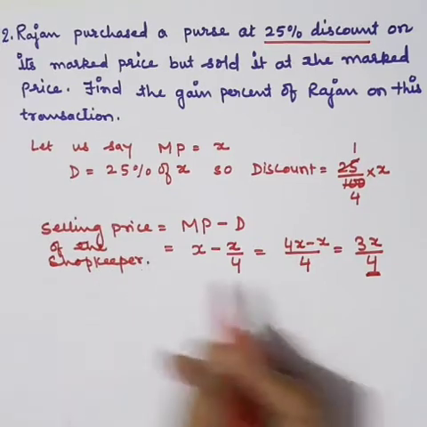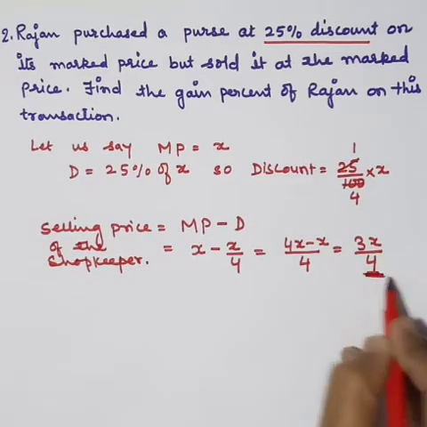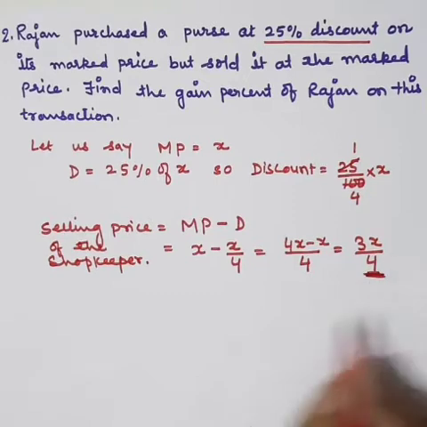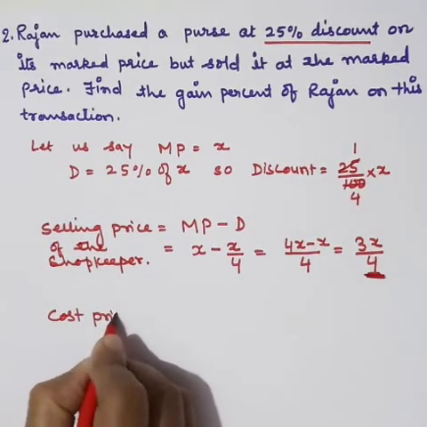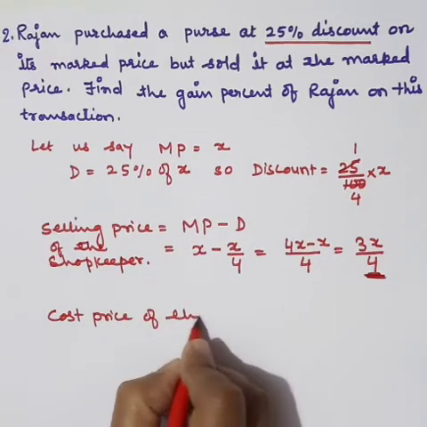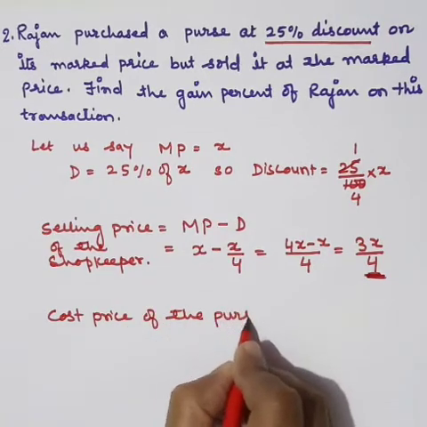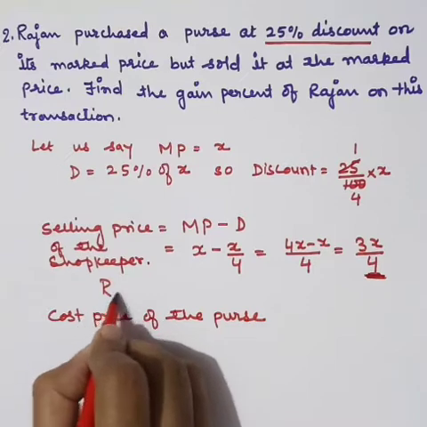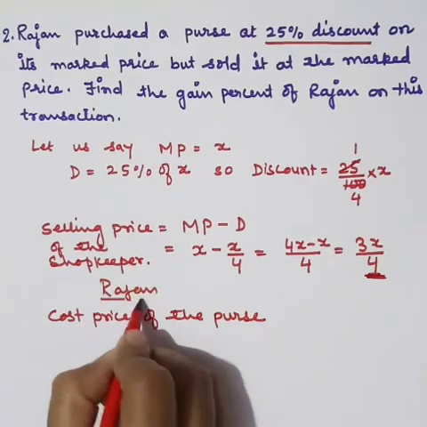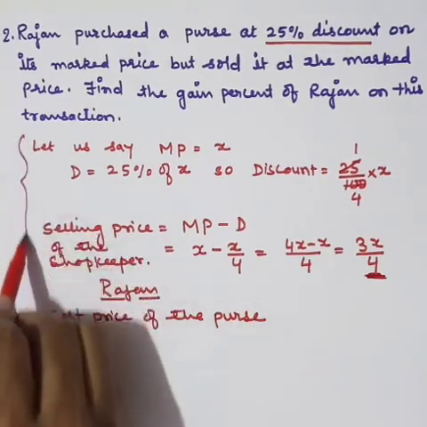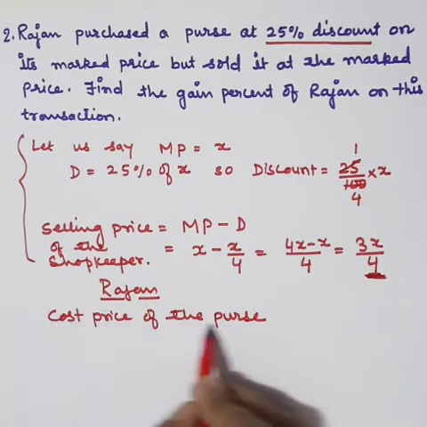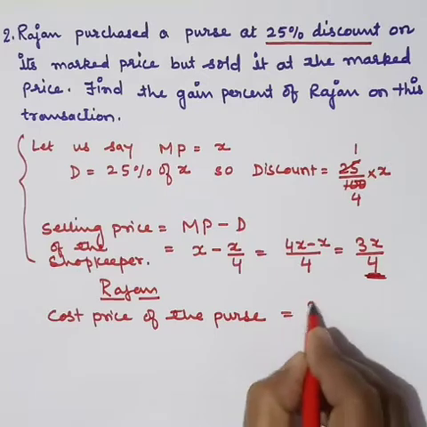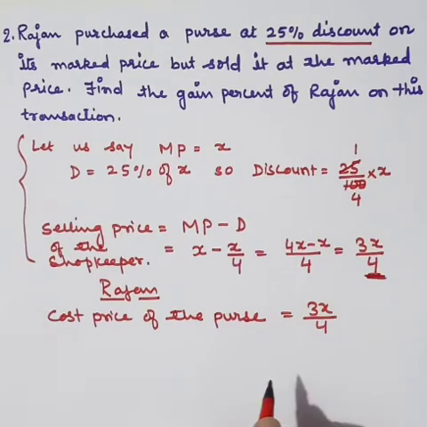Now see, this particular cost is the cost price for Rajan. Now this was something which Rajan has paid to the shopkeeper. Now from Rajan's side, cost price of the purse will be equal to 3x by 4.